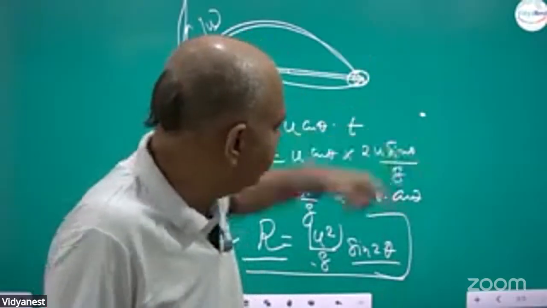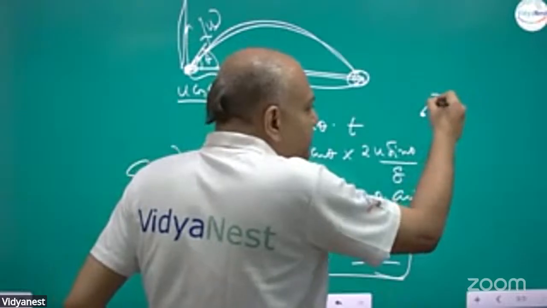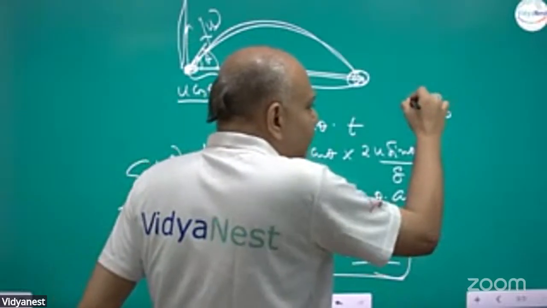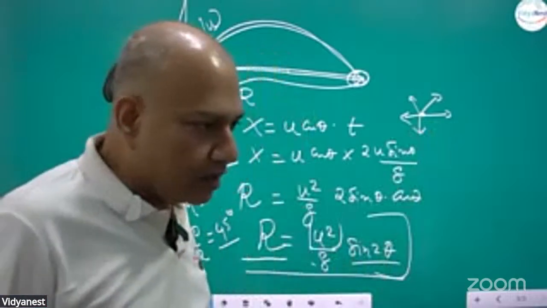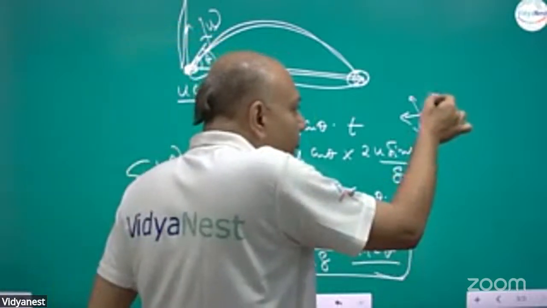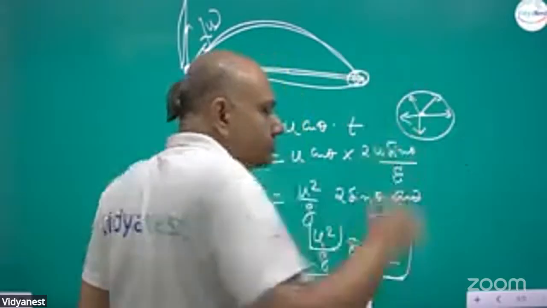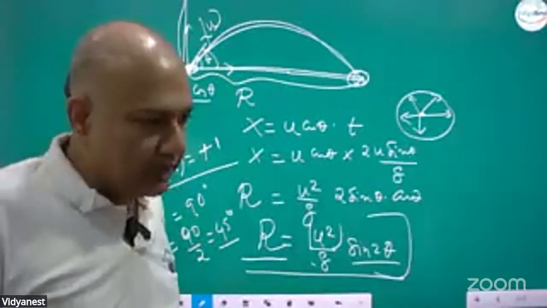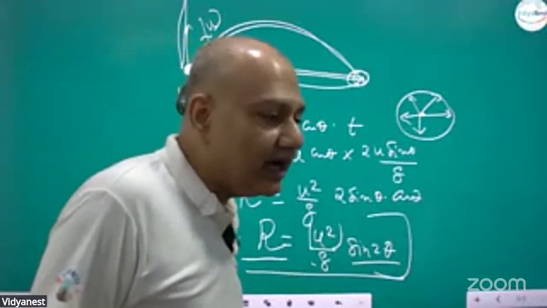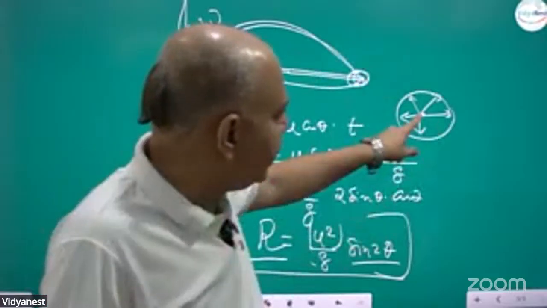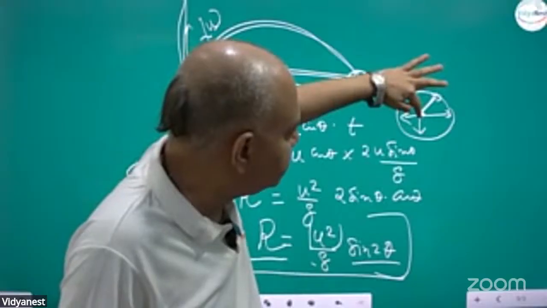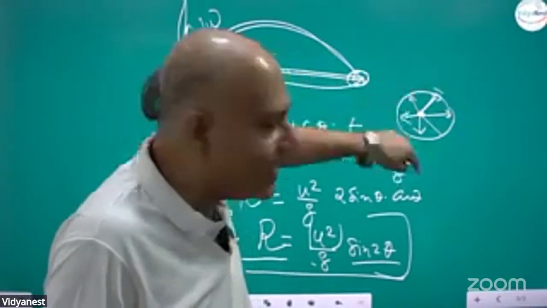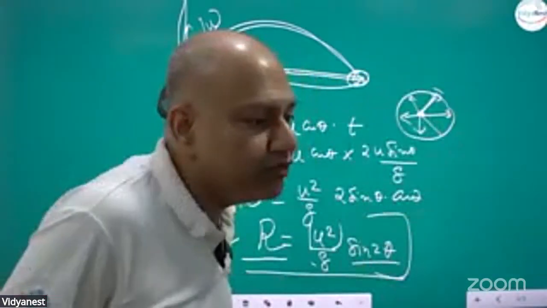The gun can fire in this direction, this direction, any direction, so the gun can cover a certain area. If it is firing in this direction, it reaches this point. That maximum area we have to find.